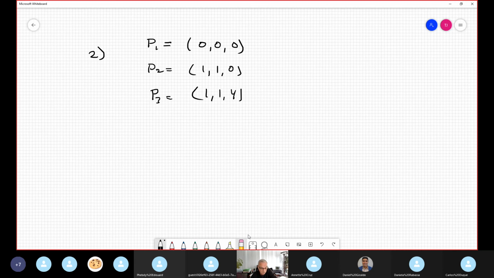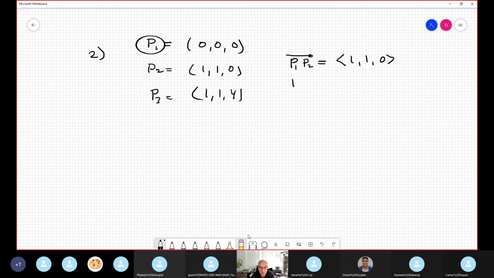You know, get the cross product. So you take P1 as a pivot, a reference, the origin, and you determine the vector between 2 points, P1P2. It is <1, 1, 0>, because it's 1 minus 0, 1 minus 0, 0 minus 0.